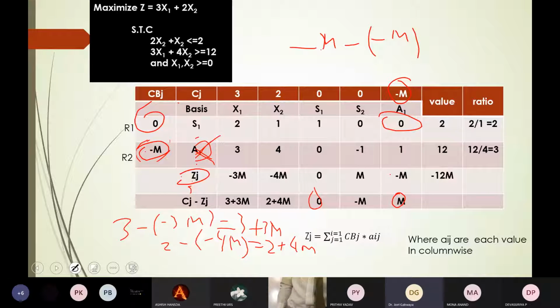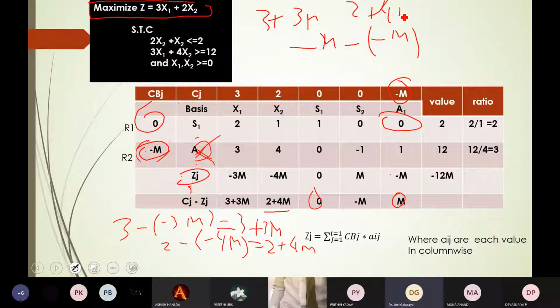When it is maximization, like this one, the column to be chosen as the key column is the Cj minus Zj which has the highest value of M. Here we have 3 plus 3M, the second column 2 plus 4M, the third 0, and the fourth minus M. So the column to be chosen is the one with the highest M, this second column.